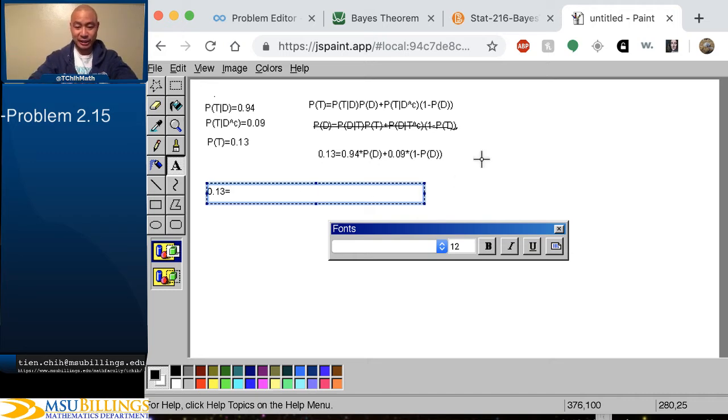P of D is essentially x in this case, and we want to solve for that. So 0.94 P of D plus, we distribute this 0.09, 0.09 minus 0.09 P of D.